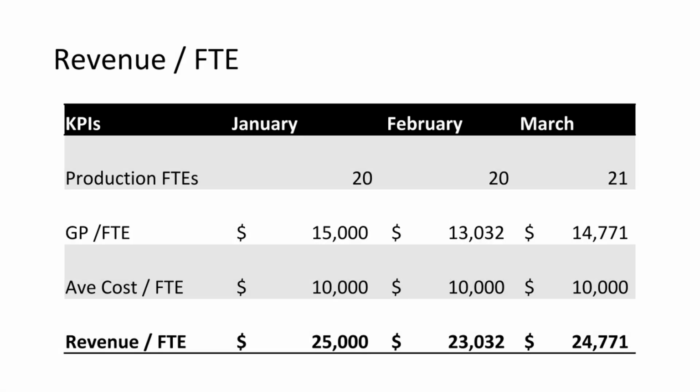So when you look at this spreadsheet of revenue per FTE, I've made up data where we have full-time equivalents working in production, 20 people and 21 people. In theory you could also look at gross profit per FTE. That's a metric you could calculate, but as interesting as it might be, it's harder to plan the gross profit itself because that incorporates both the revenue and the cost.